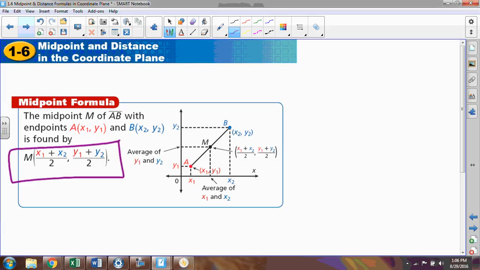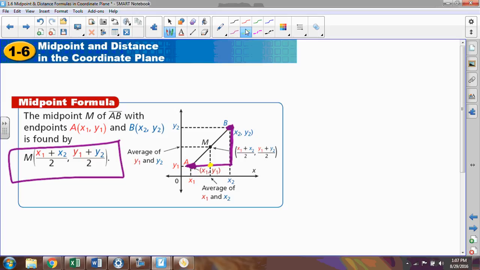This midpoint formula is built on the idea of an average. If you want to have the point that's perfectly in between A and B, you will have to take two averages. Because there is a distance going to the right, you can get the average and get the middle x-coordinate. Similarly, there is a distance going up or down.